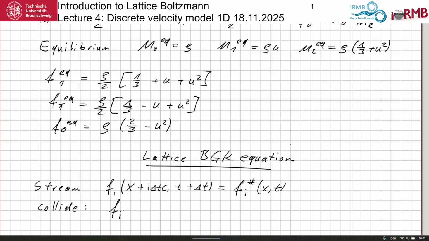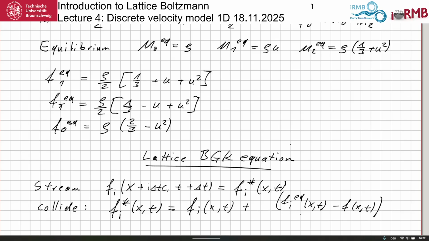So we generate an after-collision population at the position x and t, which is the one that came before. And now you remember we had this fi equilibrium minus fi at x and t, in brackets.